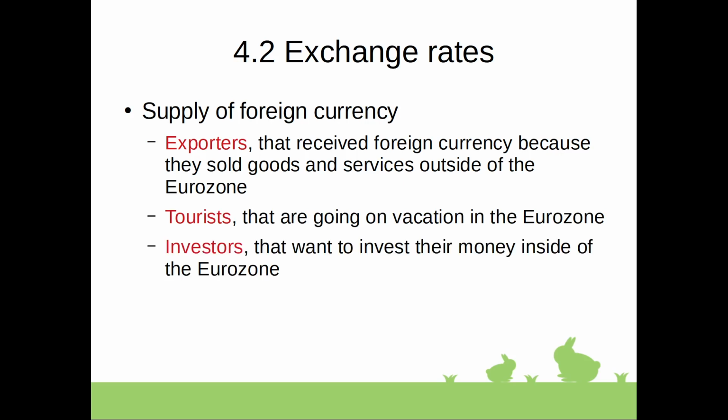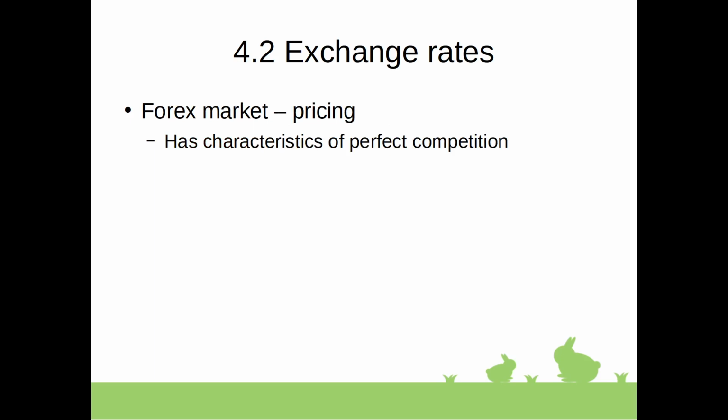And here we have the investors that want to invest their money inside of the Eurozone. These could be American or Chinese investors, and they want to put money into our system. So they will swap currency, and their foreign currency will flow into the market, and that's how we can access it in the end. Okay, so now you know about the demand and the supply of foreign currency.